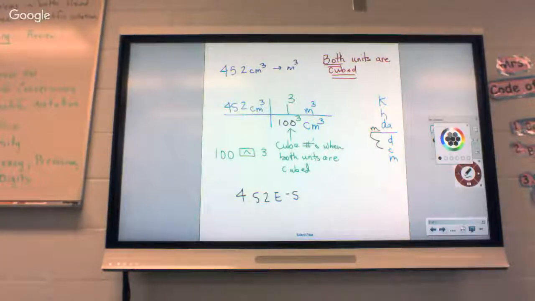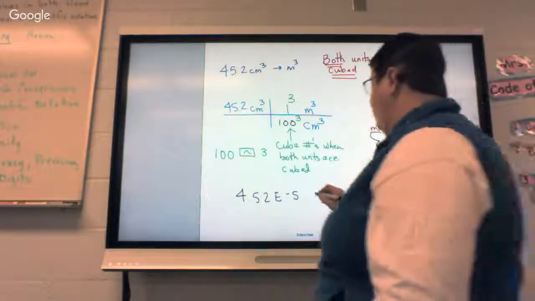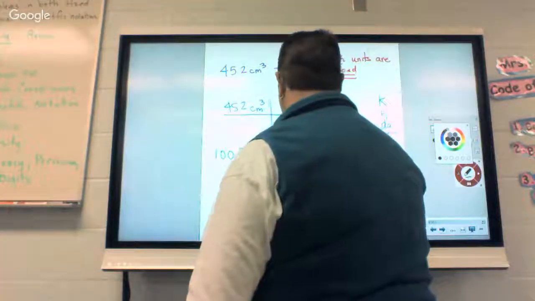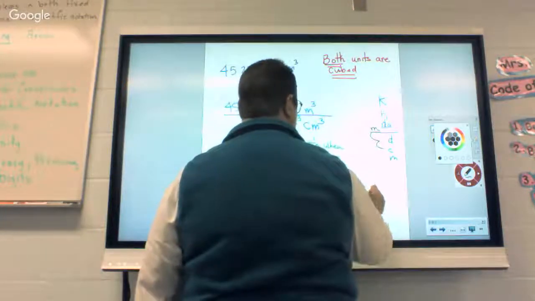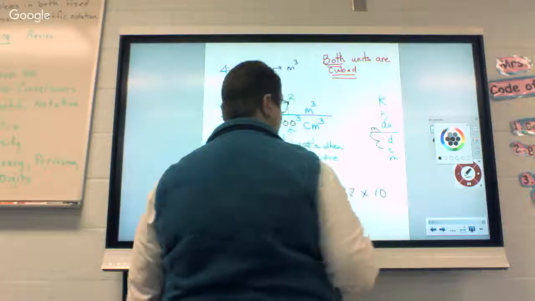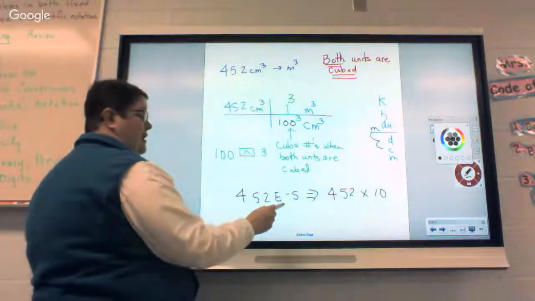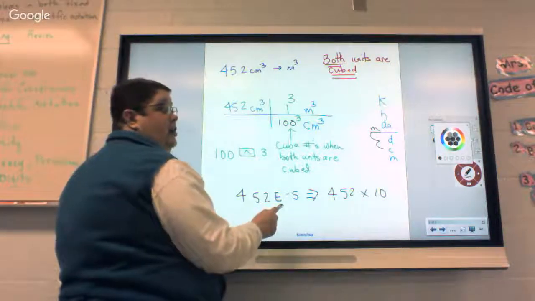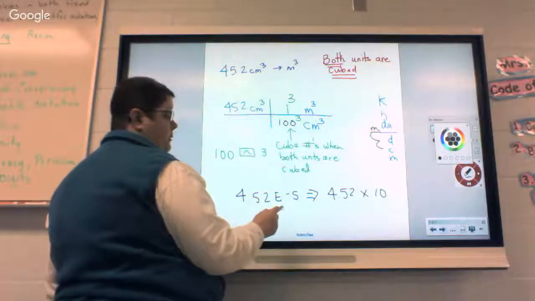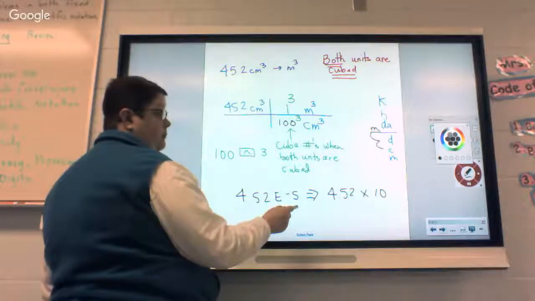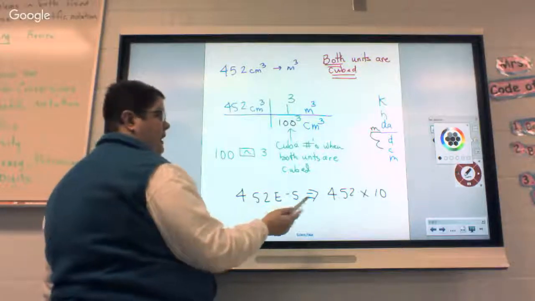That's not the answer. That's not what we write as the answer. Okay? We have to translate that into 4.52 times 10. This e that it's given us is saying to you, the exponent is a what? The exponent is a negative 5.